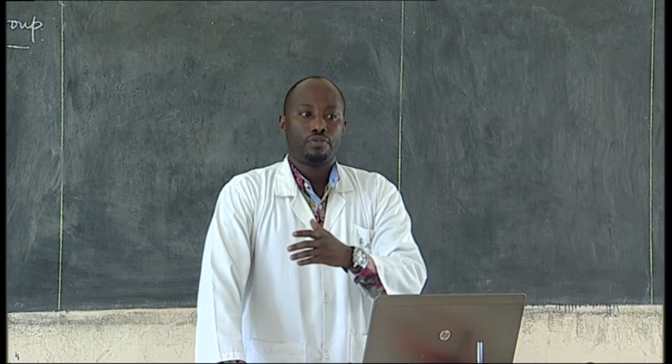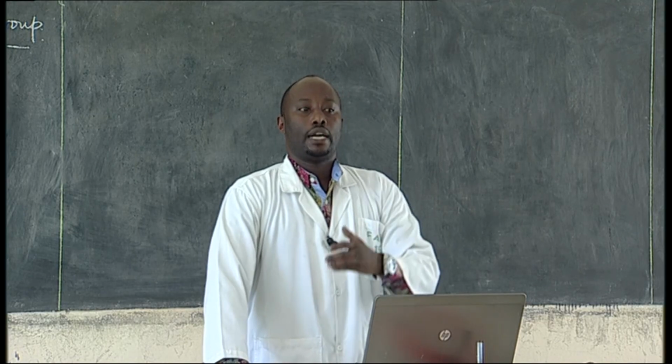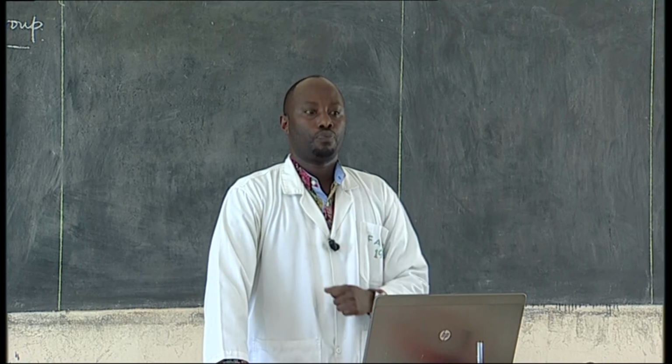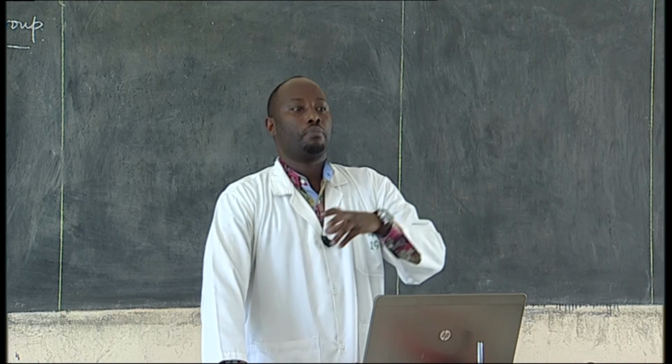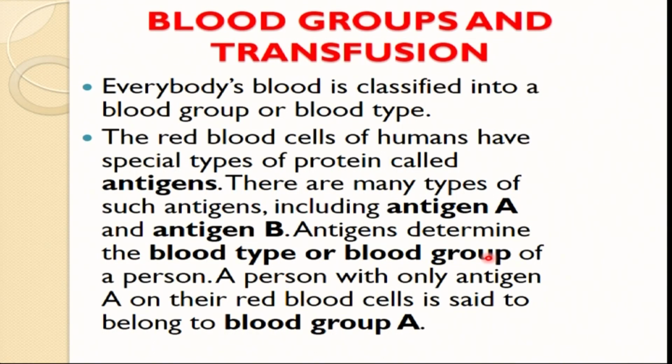There are many types of such antigens, as I mentioned, including anti-A and anti-B. So what determines the blood group of a person? What determines the blood group of a person is the antigens.